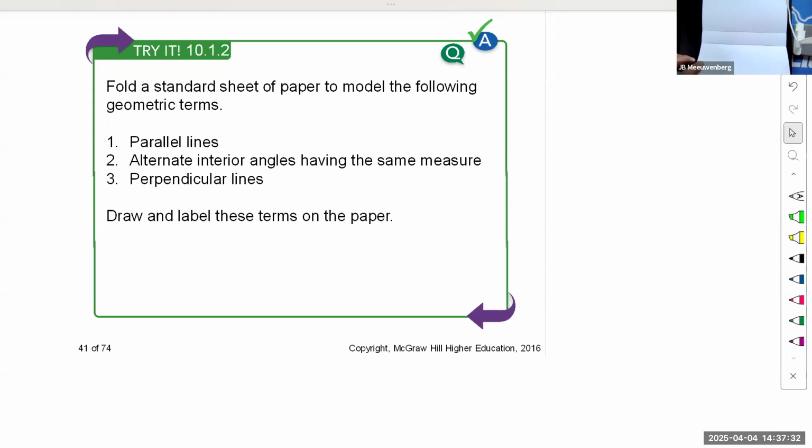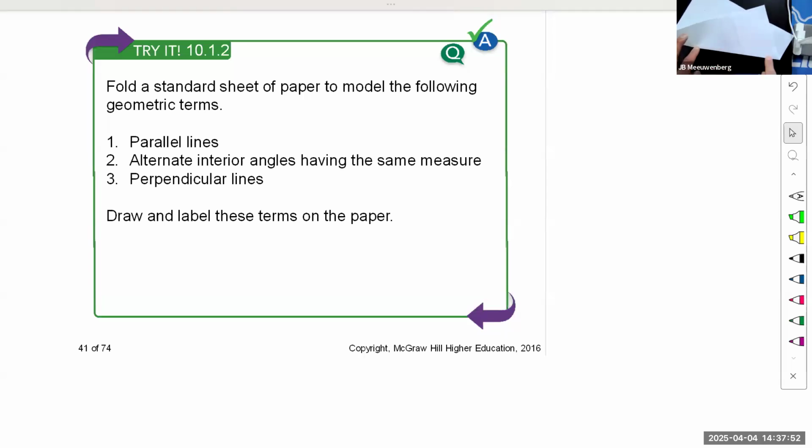Now, with the second question, it said alternate interior angles having the same measure. So again, we have our parallel lines already started. So maybe we take our paper this way and we can really fold it whichever way we want. I'm just going to fold mine like this.